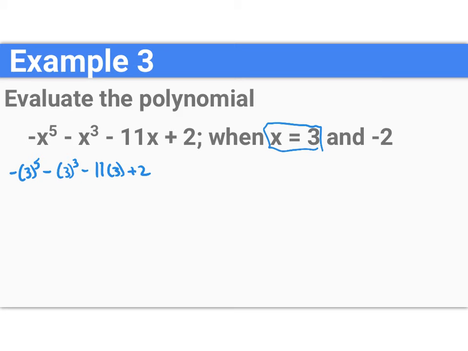Okay, 3 to the 5th power. Let's see, what is that? 3 squared is 9, 3 cubed is 27, 3 to the 4th is 81, 81 times 3 is 243, so 243 minus 27 minus 33 plus 2 is 301.